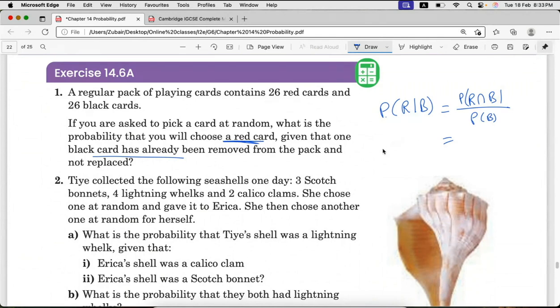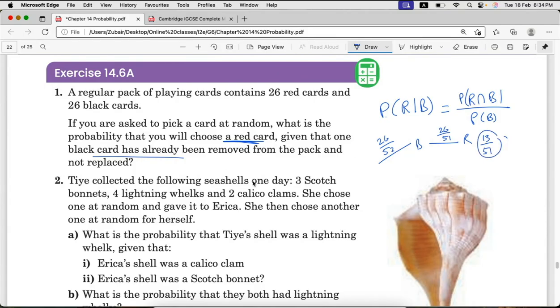Okay, 26 red cards. Somehow I have a feeling that a tree diagram would help more. If this is the order, that black has already occurred, and then there is red. The probability of selecting black would be 26 by 52, and then it is not replaced, and we are left with red, that is 26 over 51. 26 by 52 times 26 by 51 is giving me 13 by 51.